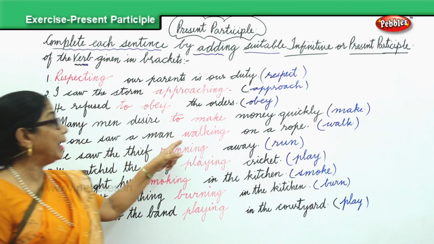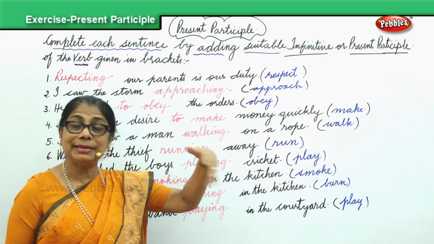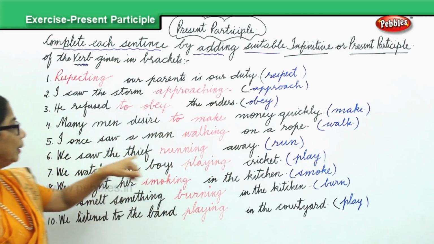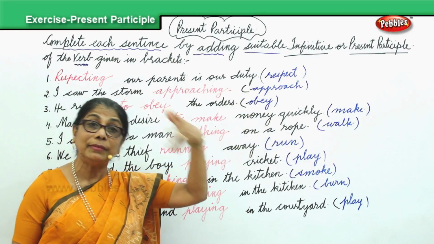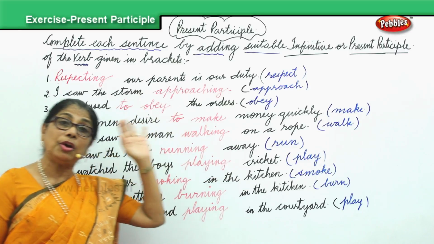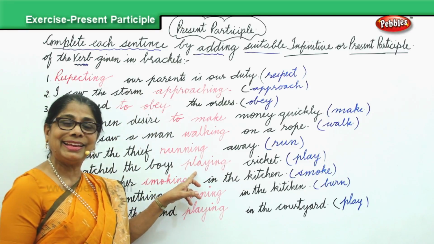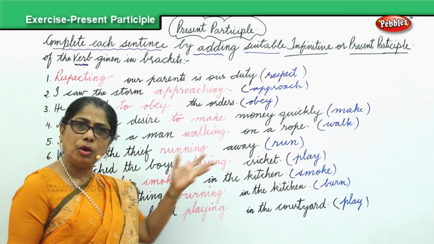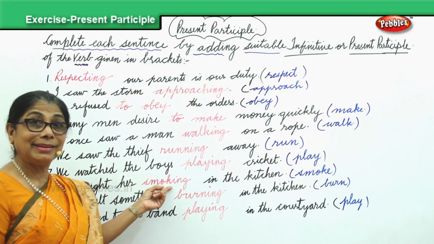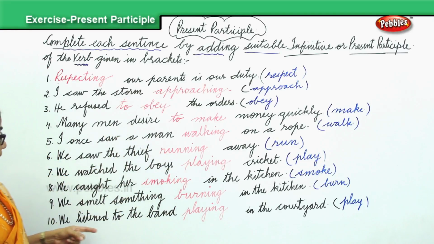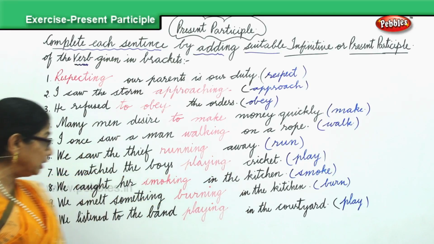I once saw a man walking on a rope. The walking is going on. Next, we saw the thief running away. We are looking at the thief running away, so the action is going on or incomplete. We watched the boys playing. The cricket game must be going on. We caught her smoking. Again, this is present participle. We smelled something burning in the kitchen. Present participle.